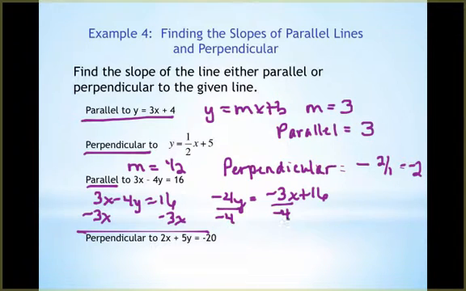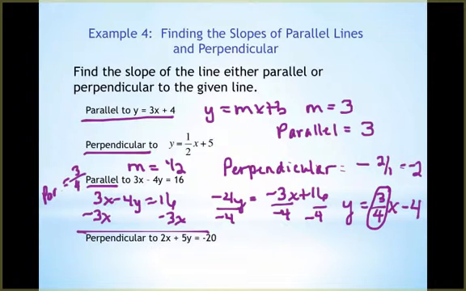Divide by -4. So y equals positive 3/4 x, because -3 divided by -4 would be positive 3/4, and then 16 divided by -4 would be -4. Since the slope of the given line is 3/4, the parallel slope would also be 3/4.